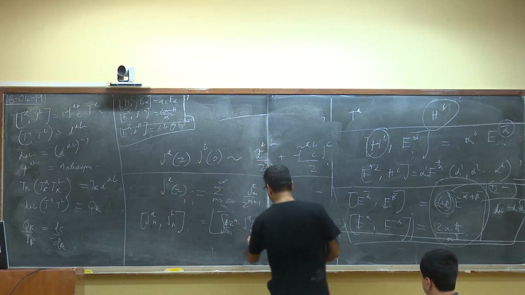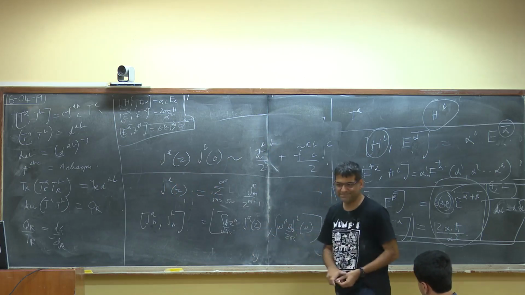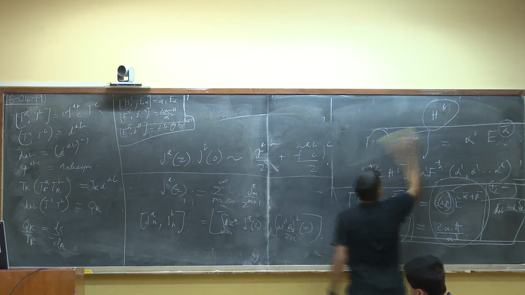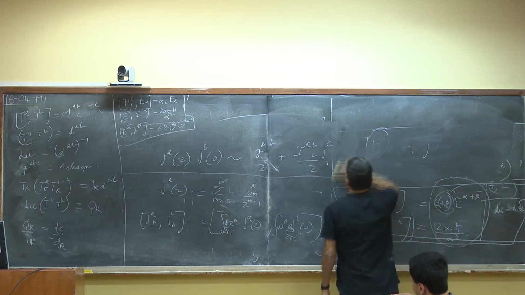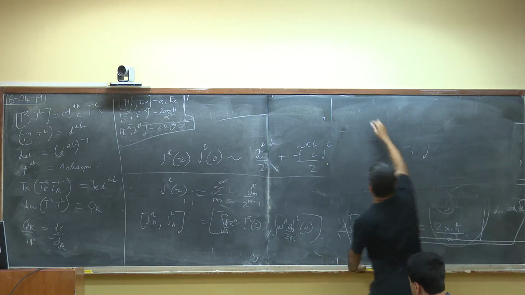So when we take one contour around the other, we get what? We get the OPE of J^A with J^B. But what do we get from that? There will be a Kronecker delta of m plus n minus 1. Exactly.